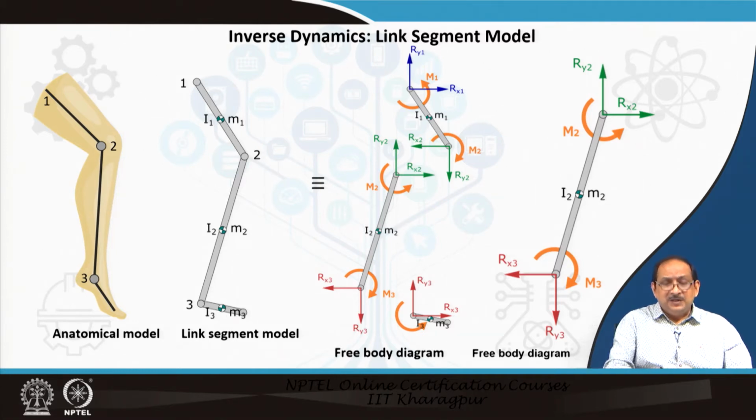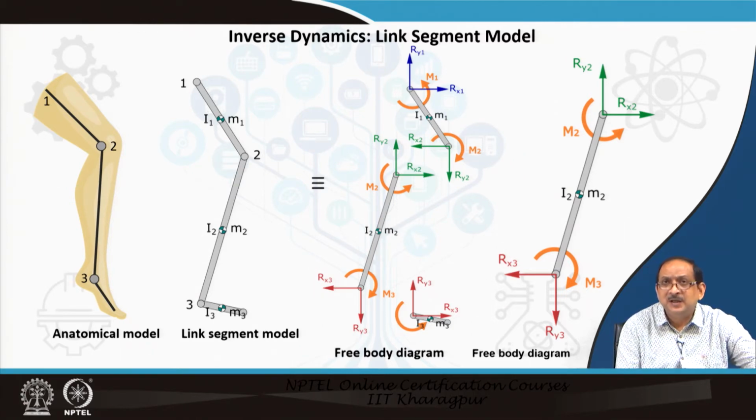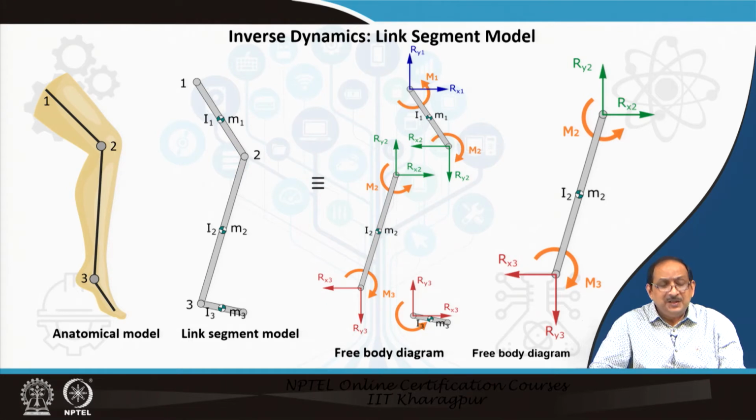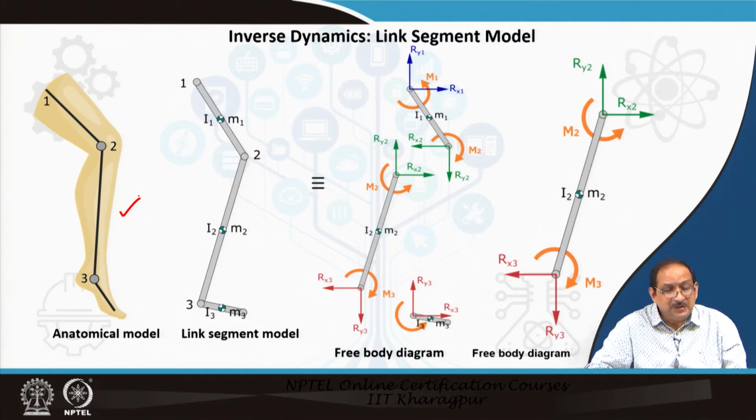Let us now consider the link segment model. We have discussed this in the introductory lecture 4.1. As discussed in the earlier lecture, the anatomical segment of the body, say for instance a leg, can be represented with rigid segments.